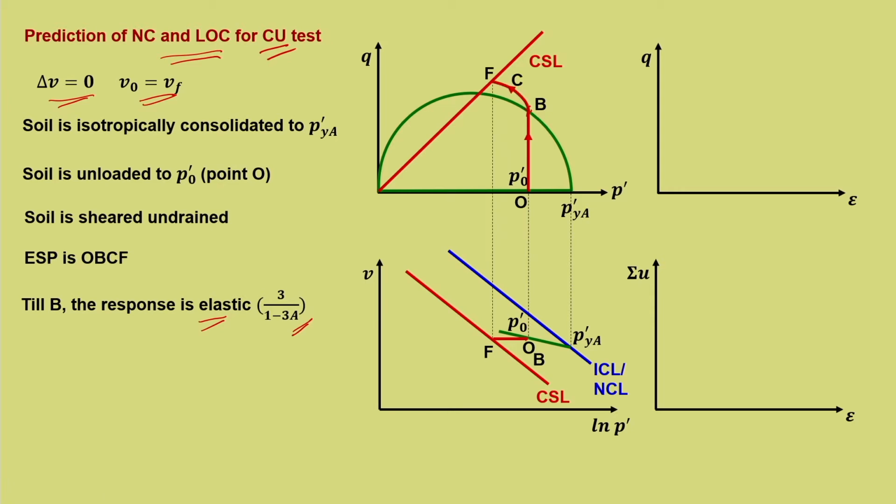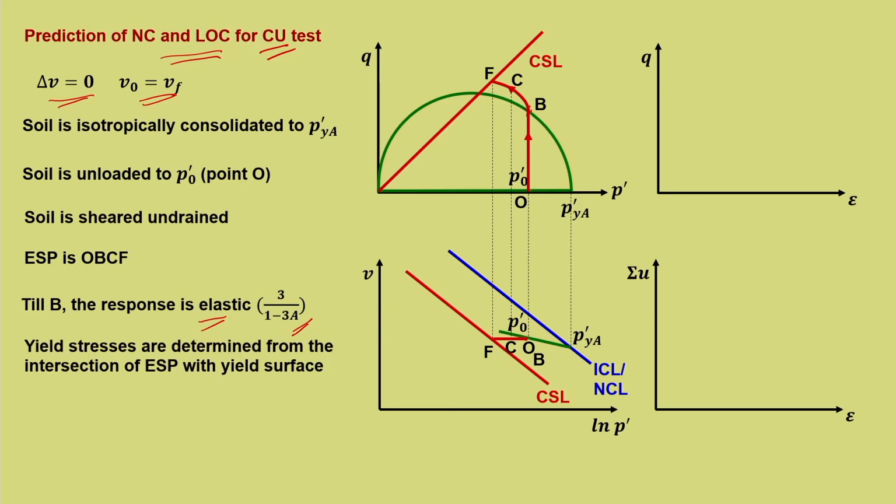So, it is the curved response and this is an intermittent point C. That intermittent point is marked here. From O to F it is a horizontal line. All these things we have already seen before. Yield stresses are determined from the intersection of ESP with the yield surface. Now, you can see that this ESP meets the yield surface at this point.